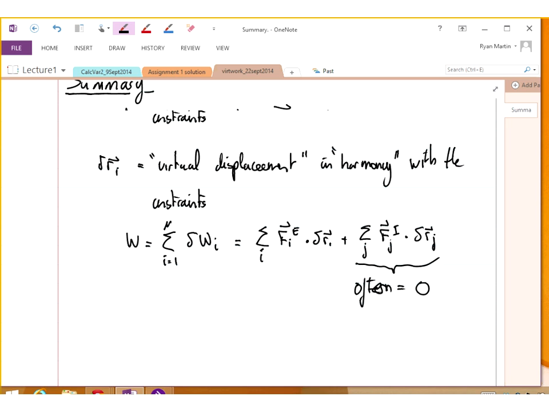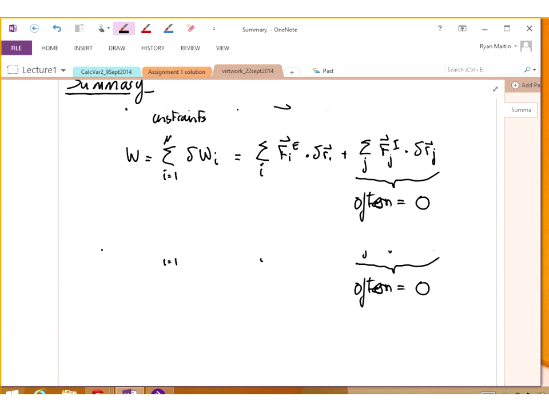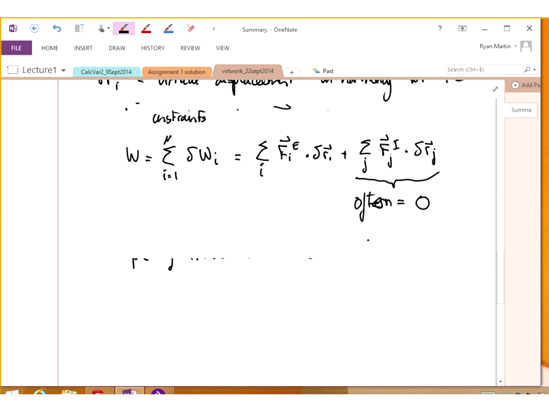At the end, I introduced the principle of virtual work, which we'll call PVW. That says that the total virtual work on a system is 0 if the system is in static equilibrium.